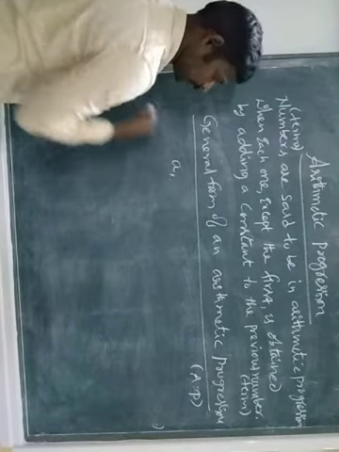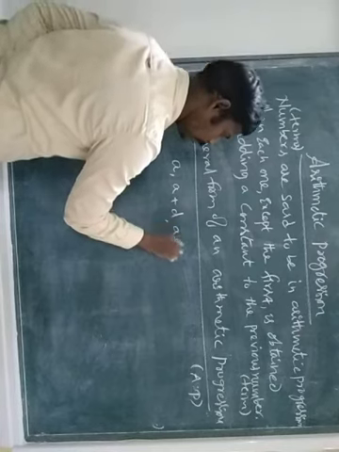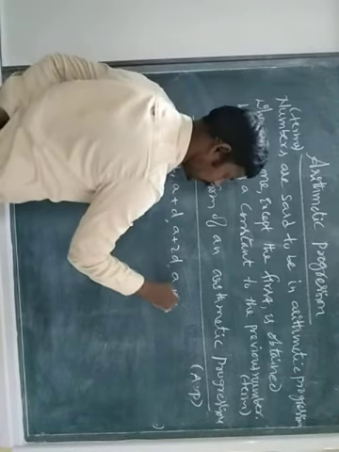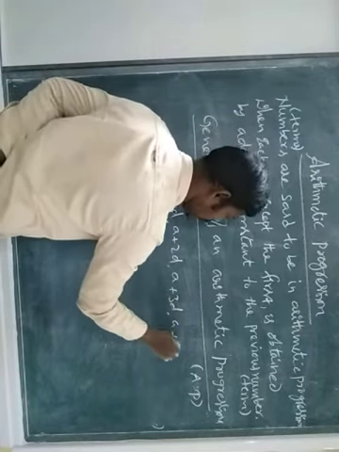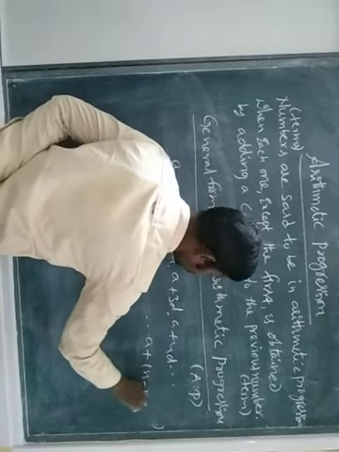I will consider the first term as A, and the common difference as D: A, A plus D, A plus 2D, A plus 3D, A plus 4D, and so on, up to A plus (n minus 1) into D.